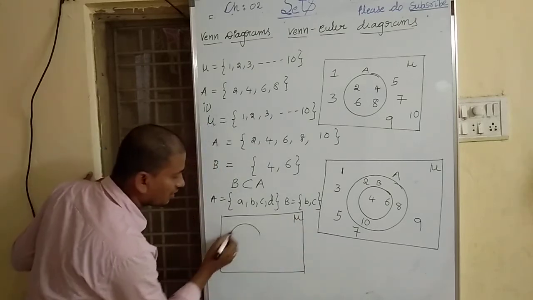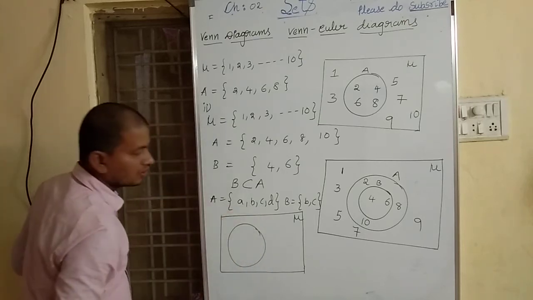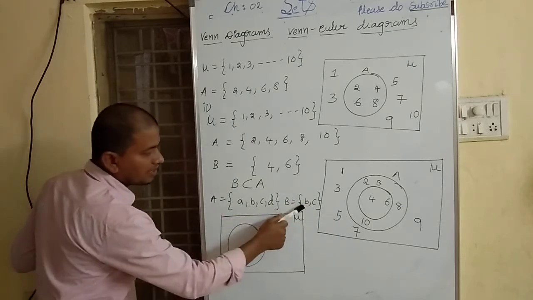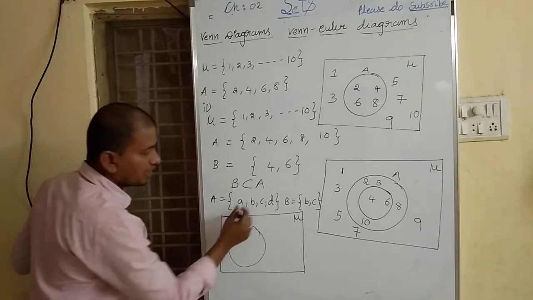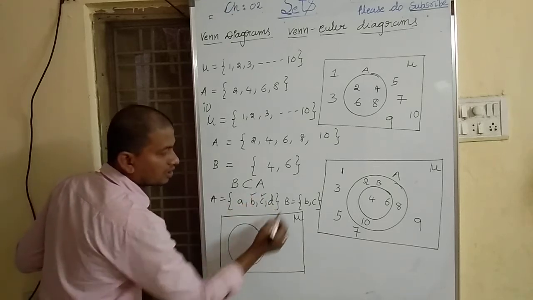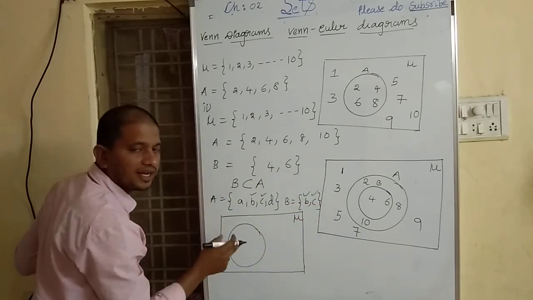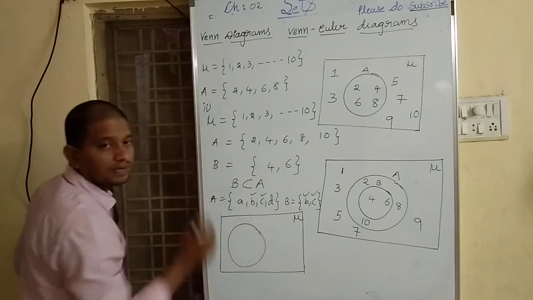What is the set A? a, b, c, d. What is the set B? b, c. I mean set B, b and c, is also there in set A. So these two elements, b and c, which are there in both set A and set B, are common elements.